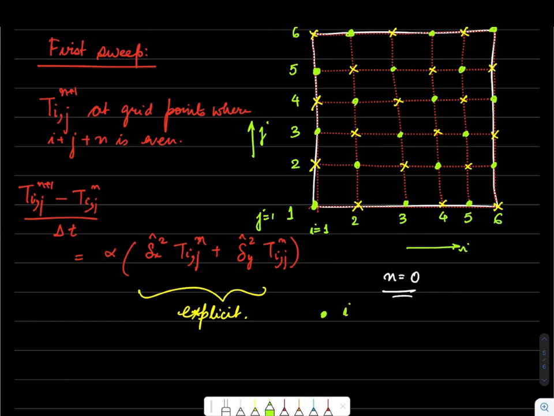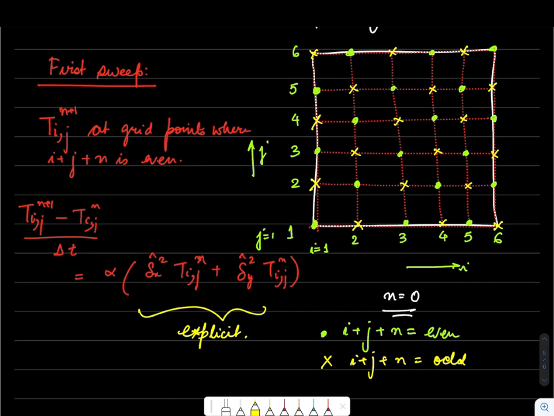In this condition are locations where i plus j plus n is an even number, and crosses are where i plus j plus n is an odd number at this time instance. So I'll only calculate temperature at these circles by using an explicit differencing for the space derivative. So we will have temperature at these points, right? Only at the circles.